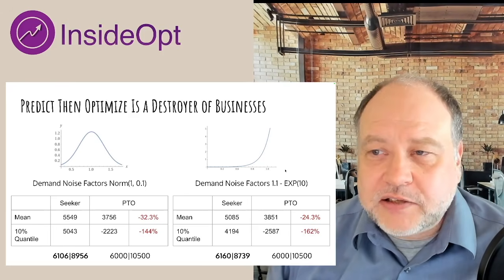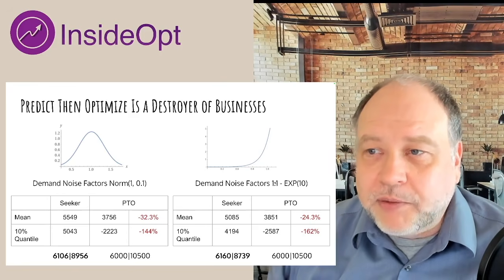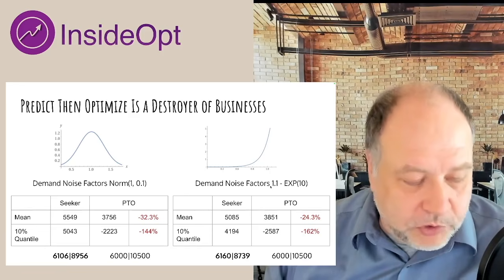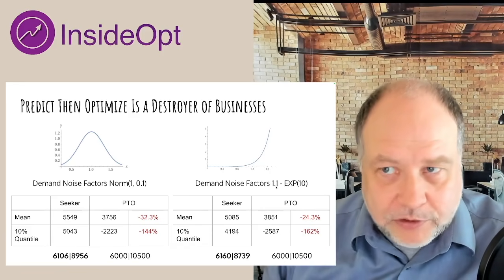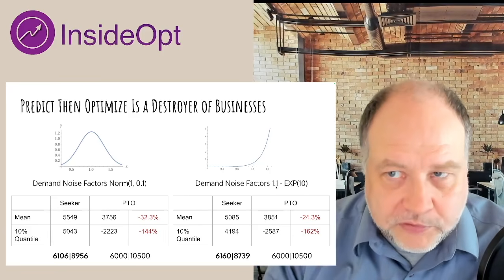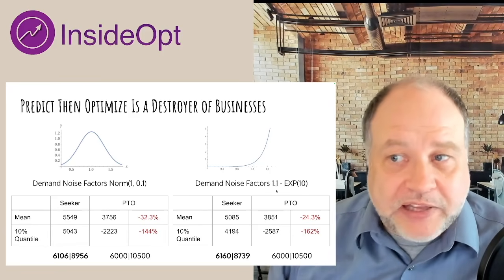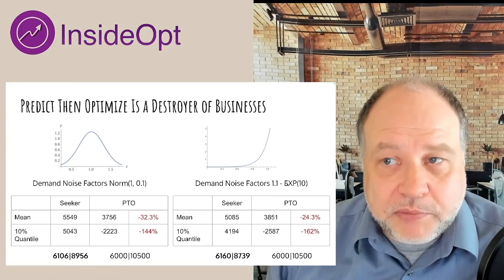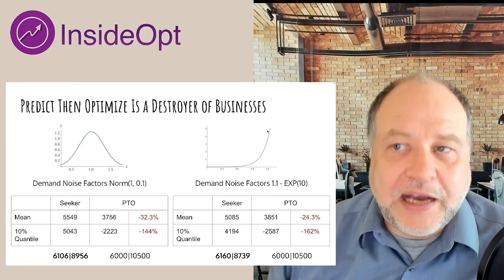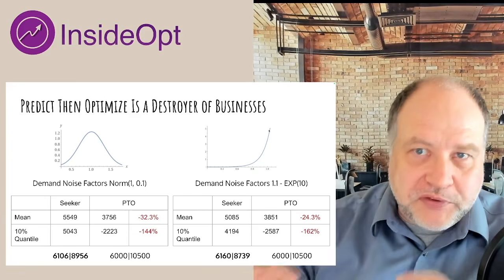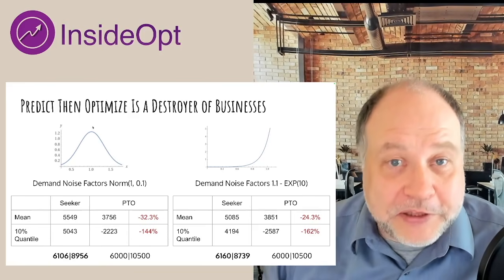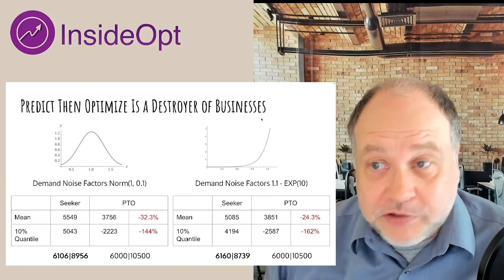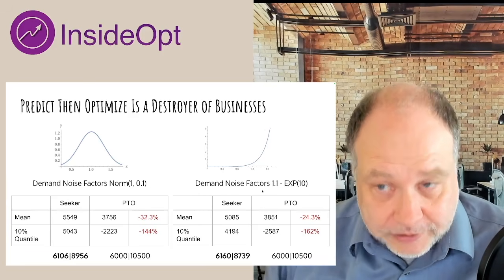And on the right-hand side, you have a negative exponential. Again, the noise factor here would be on expectation also 1. So the expected value is always going to be 7,000 and 10,500, and the standard deviation is going to be 10% in both cases. But of course, the way the noise affects the true demand is very different. You will hopefully agree that this distribution looks tremendously different from this one over here.